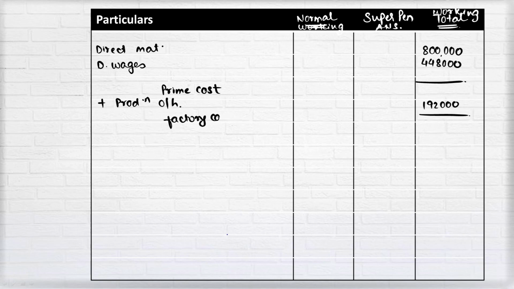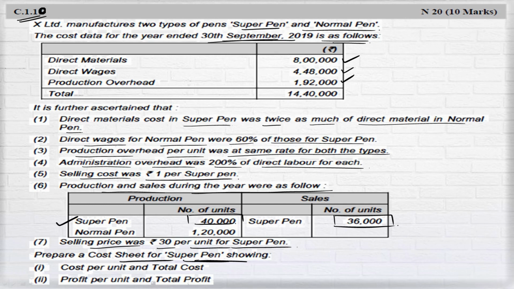There is no opening WIP, closing WIP. There are no other administrative overheads which are given. Administrative overhead was 200% of direct labor. Can I consider this as a cost of production? Yes. Can I consider this as a selling and distribution overhead? The answer is yes.